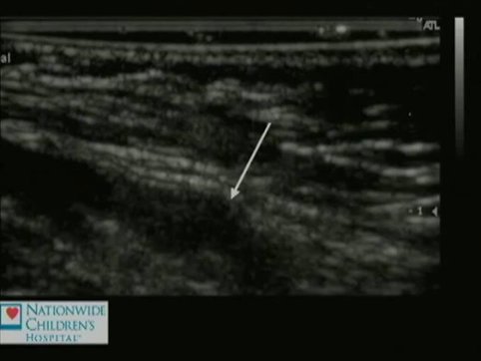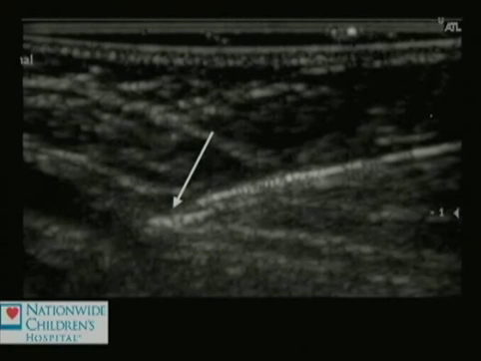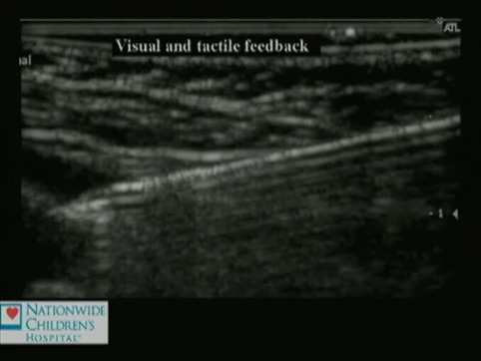This image shows the arrow pointing towards the portion of the femoral vein in the ascending portion that we'll target. Now we see the bevel of the needle indenting the vein wall, and then next with the bevel clearly centered within the vein wall. Notice the small size of this infant vein.